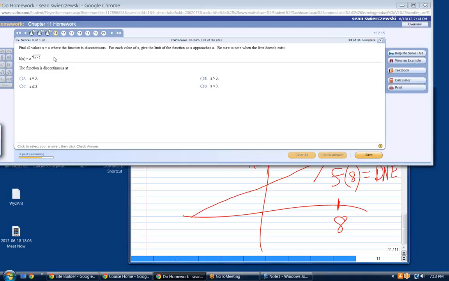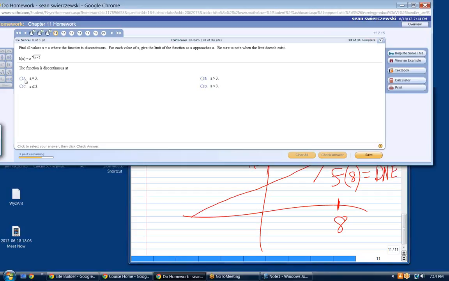So it'd be x greater than 3. Well, greater than, we want greater, to find if this function is discontinuous. It's not at x equal 3 because that would just be e to the 0, which is 1.